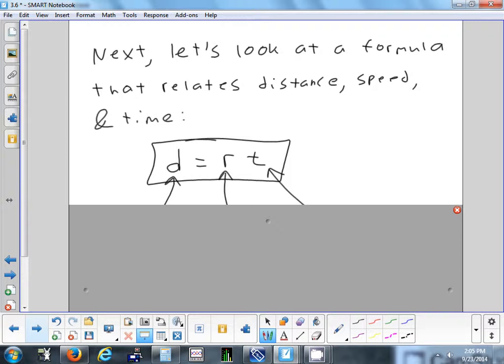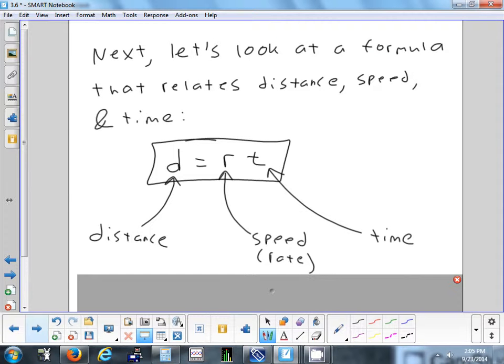What do you think the D stands for? I picked a variable that made sense for distance. The R? Rate. That's how fast you're going. And T is your time. So D is distance, R is your speed or your rate, and T is your time.